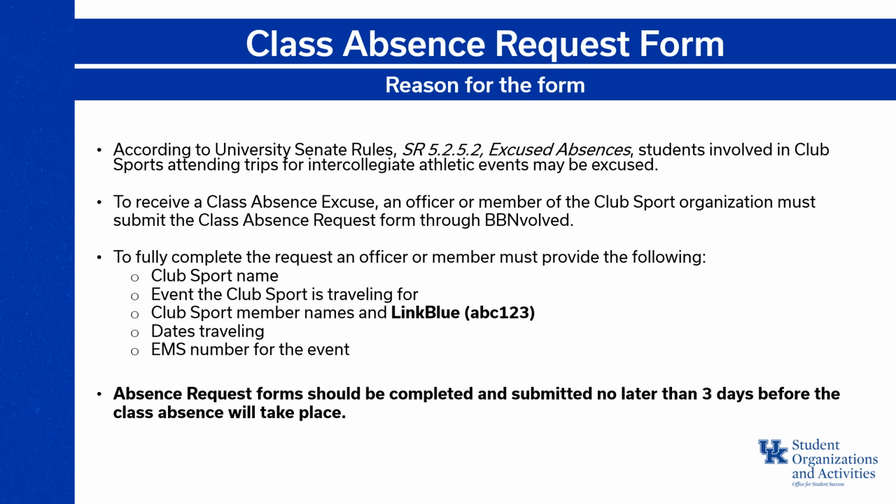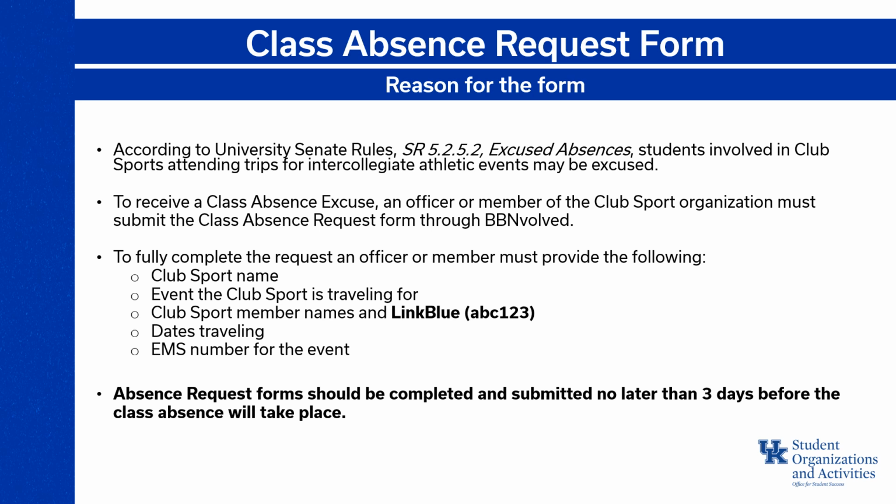The last form that we will cover in this training is the class absence request form. The reason for the form is that according to University Senate Rules SR 5.2.5.2, excused absences, students involved in club sports attending trips for intercollegiate athletic events may be excused. To receive a class absence excuse, an officer or member of the club sport must submit the class absence request form through BB Involved.